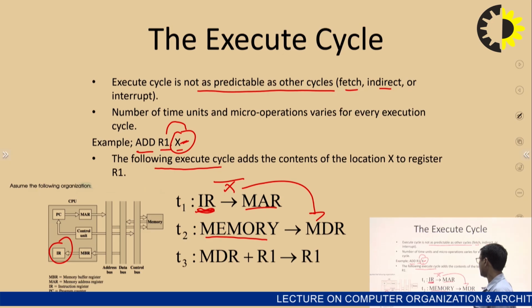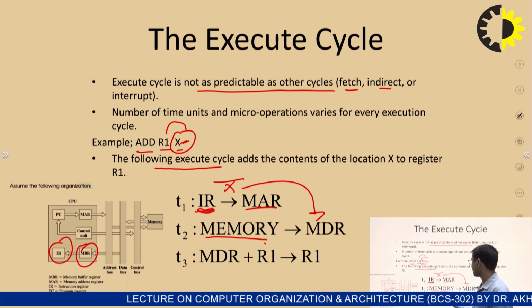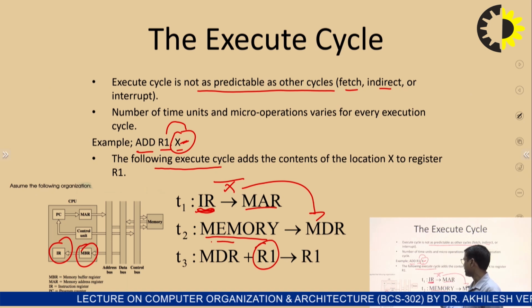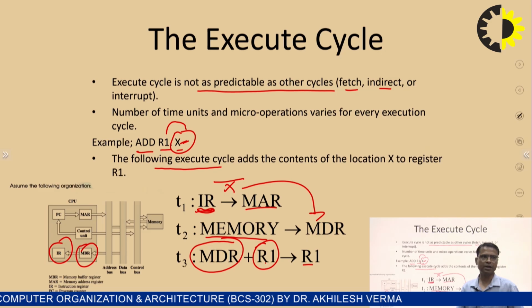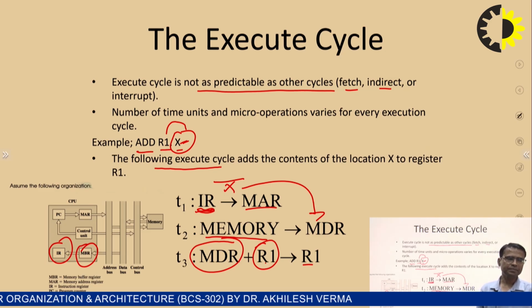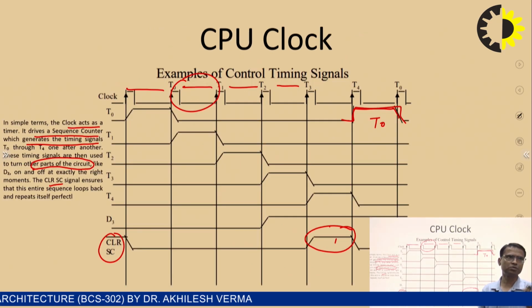Now MDR contains the data. We already have registers available in the CPU, and MDR has the data from location X. So MDR is added with R1 and it is sent to R1. Fine, so this is a very simple thing, that is how the CPU executes at the click of the clock cycles.